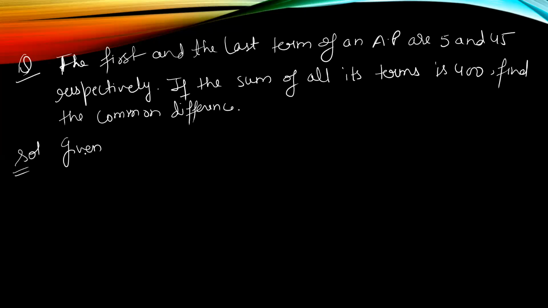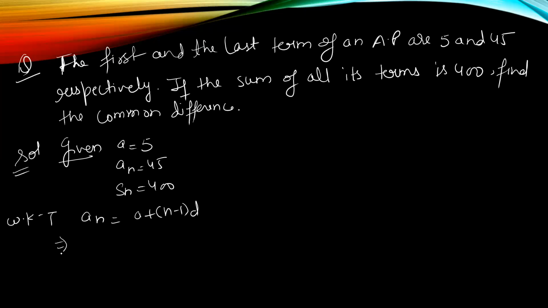What is given to us? Your first term is 5. Your last term is 45. And the sum of all the terms is 400. We know that an equals a plus (n minus 1)d, which implies 45 equals 5 plus (n minus 1)d, which means your (n minus 1) into d will be equal to 40.